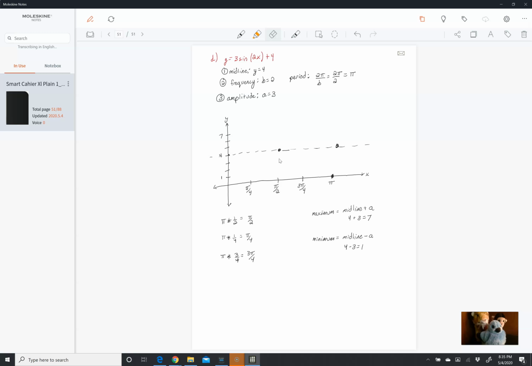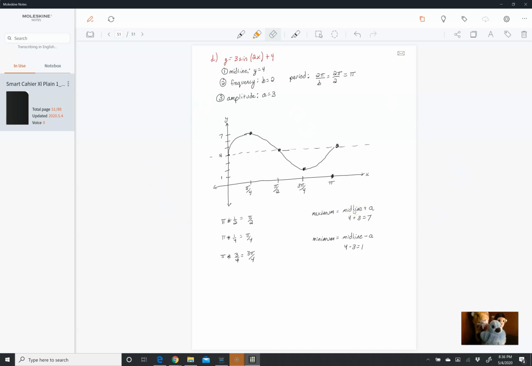That's better. Halfway through there, we're at the maximum. And halfway from here to here, we're at the minimum. And then we just connect. And again, it doesn't have to look perfect. This definitely does not look perfect, but you need to try. So now you should have a pretty good idea as to how to do this.